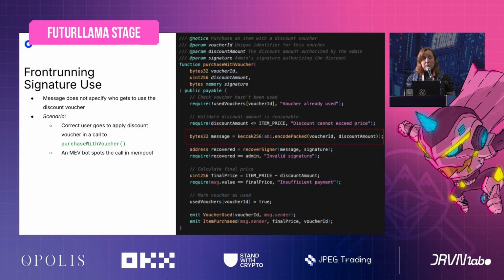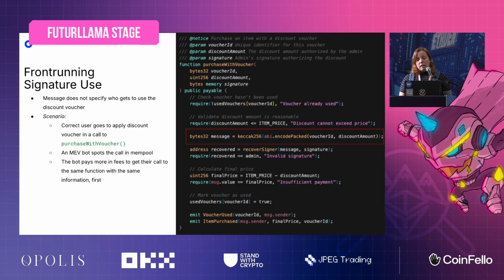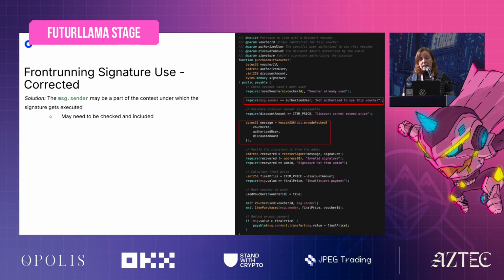But then an MEV bot sees this in the mempool and front runs. And then because of that, the original intended user is no longer allowed to use that signature that was meant for them, because there was no protection saying it was meant specifically for them. We can fix this by including within the message who the authorized user is and requiring that be who calls this function.